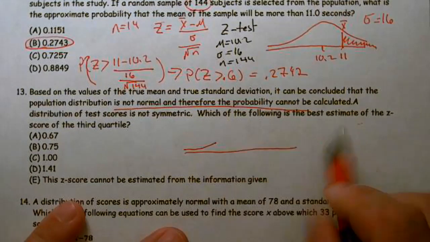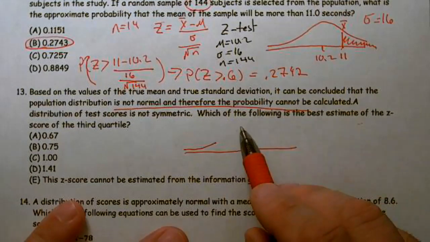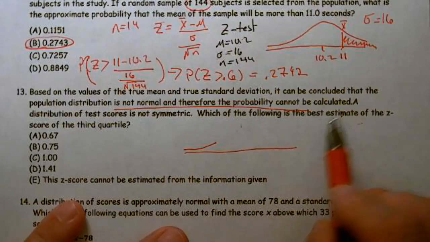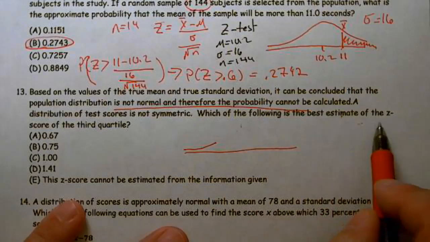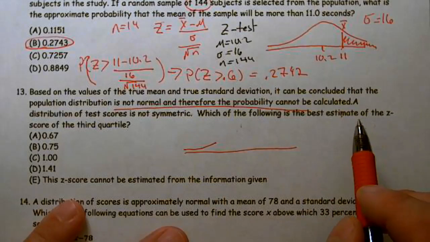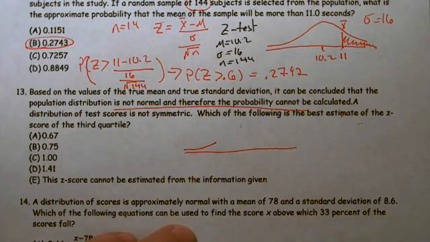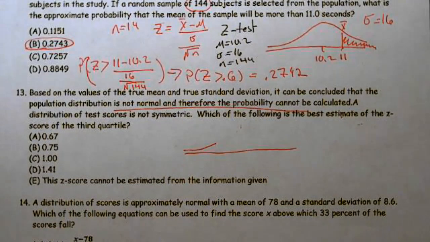So they told us it's not normal. It's not symmetric. I can't use any of my normal calculations. Because I can't use any normal calculations on this particular problem, I can't even calculate it. So this z-score cannot be estimated.